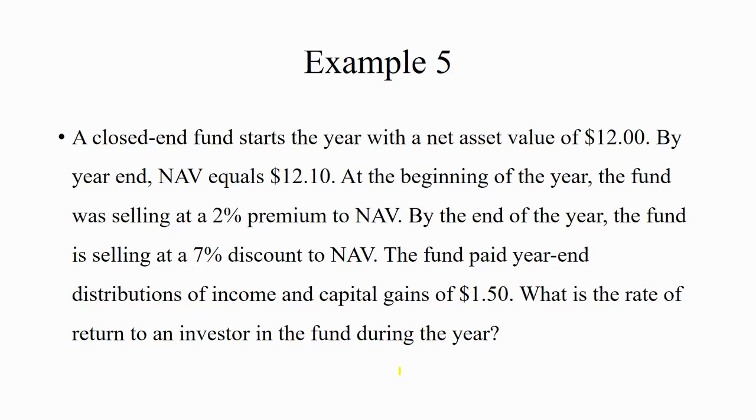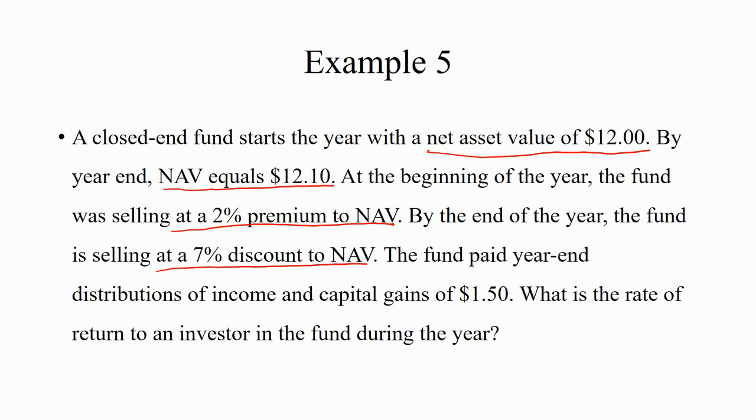Let's have an example for closed-end funds also. A closed-end fund starts the year with a net asset value of 12. By year end, the NAV equals 12.1. At the beginning of the year, the fund was selling at a 2% premium to NAV, and by the end of the year, the fund is selling at a 7% discount to NAV.